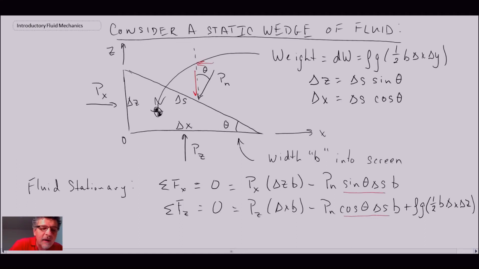And that's just using the angle that we have within the fluid wedge here, and delta Z and delta X. Now with that, we can take this and we can plug it into our equations down here and remove the delta S sine theta and the delta S cos theta. So let's do that in the next slide and see what we get.